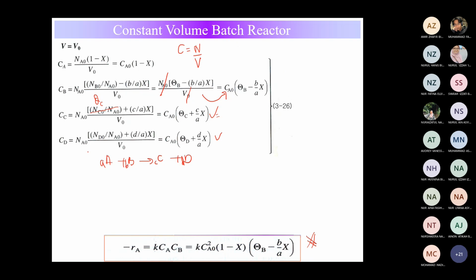Okay, remember if we want to know C, which is negative rA, the rate law is k CA CB. Okay, how do you get this? Okay, you can try for a while. I give you 2 minutes.